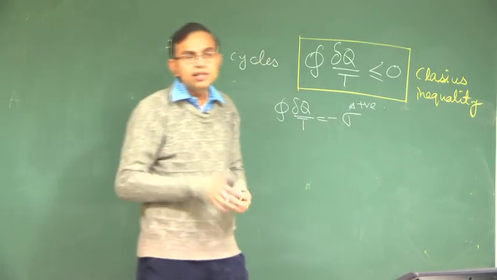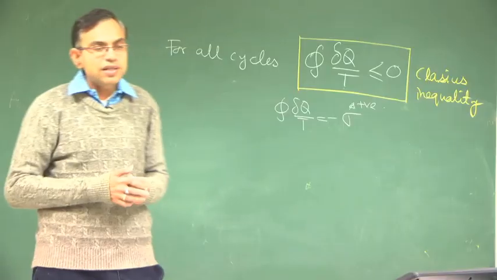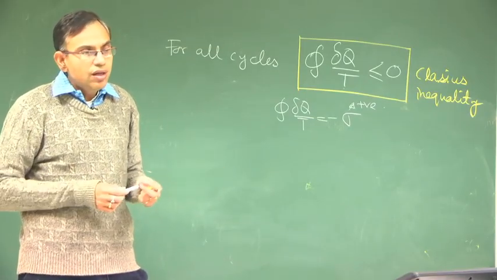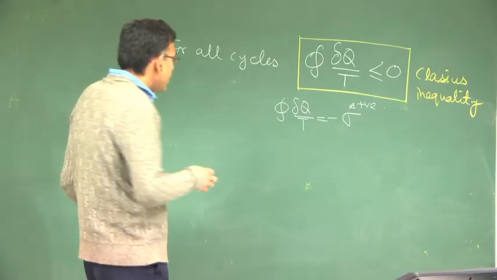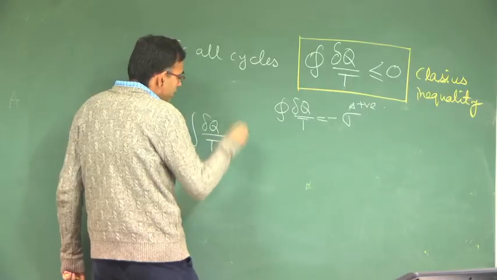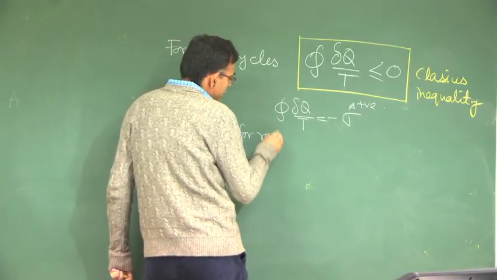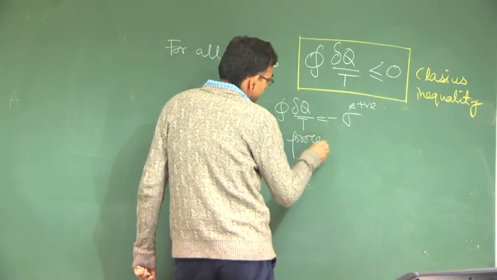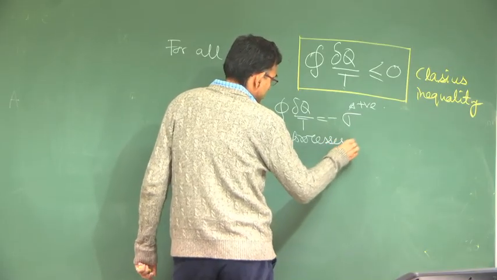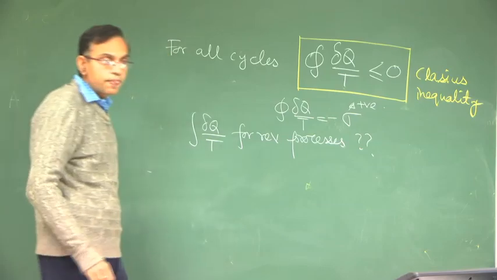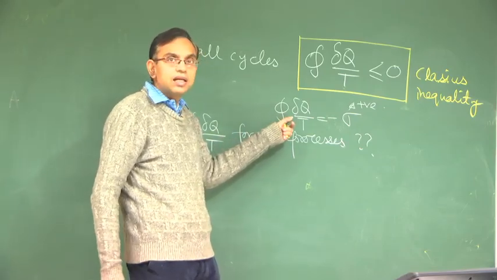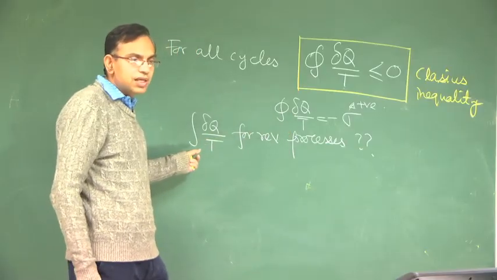So, when you have a reversible cycle, it will comprise reversible processes. Now let us try to evaluate this integral of del q over T for reversible processes. The difference between these two is this is for a cycle and this is for an individual process.